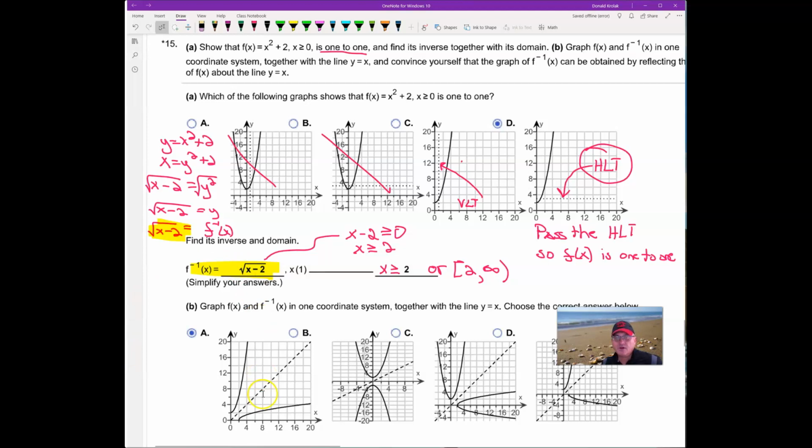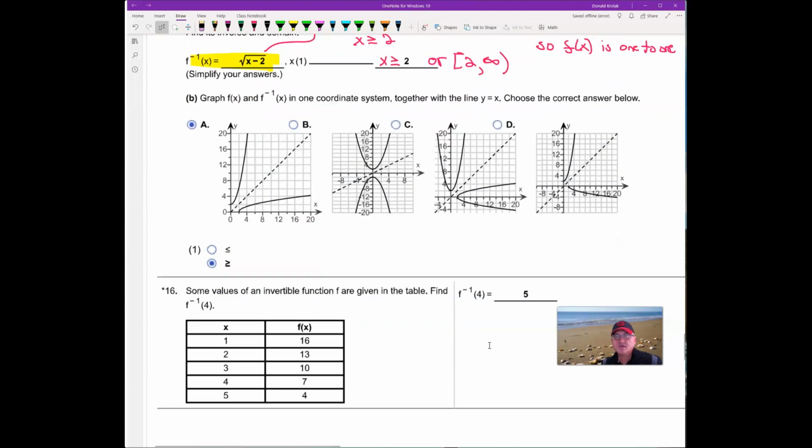All right, so we know our graph here has to have a y-intercept of 2, so it could be this one or it could be this one. We know it's not those. Now, it's got to be symmetric with respect to the line y equals x.